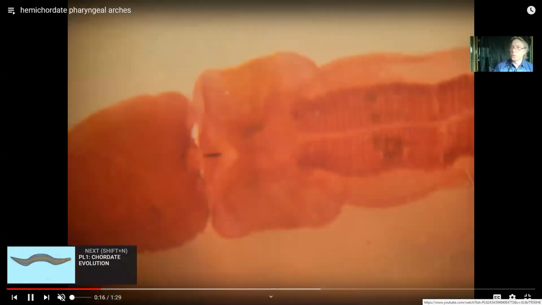Note once again that worms is a term we use to describe lots of unrelated things. So flatworms, roundworms, segmented worms, priapulid worms, and others are not at all related to these, which are deuterostomes, closer to vertebrates than they are to any of the others. One of the features is they have a throat with slits.